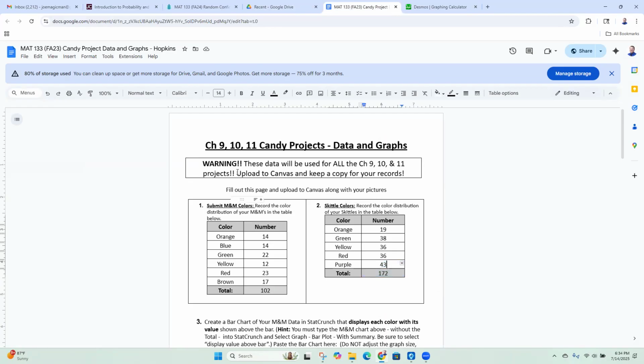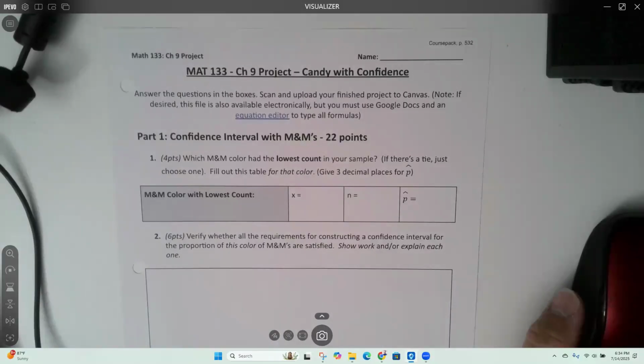Great. We're going to start on page 532 in our course pack. This is for Chapter 9, and Chapter 9 is all about confidence intervals. What we're doing is building a range.